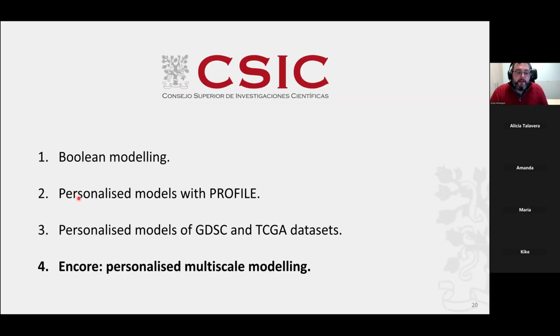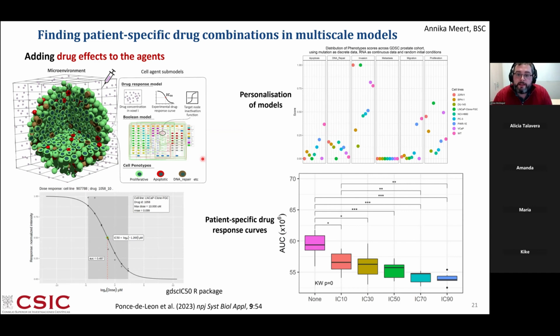I said I would split the talk into three blocks, but now I have just a few minutes to give some spoilers, if you're lucky enough to come to the talk in March in Madrid. This personalization of models we have included into the multi-scale agent-based modeling framework that we're using.